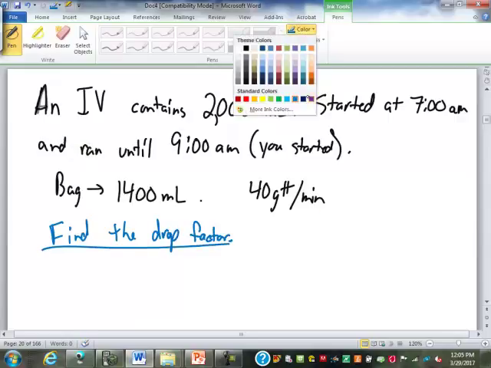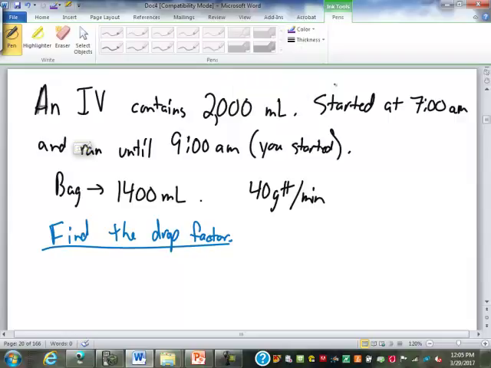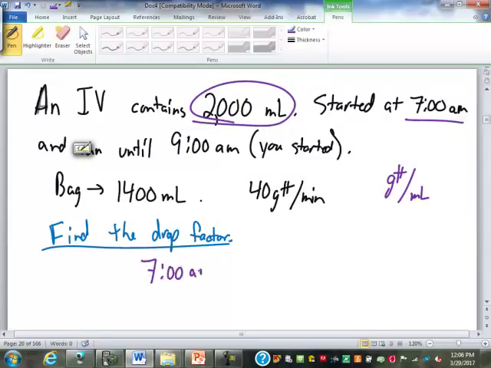So to find the drop factor, we've got to get to an equivalency. Remember, drop factor is in drops per milliliter. So we need to get to drops per milliliter somehow. First thing I am going to do is figure out how much we have infused. It started at 7 a.m. with 2,000 milliliters.